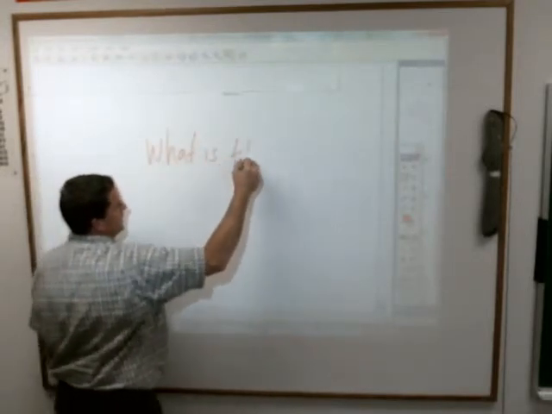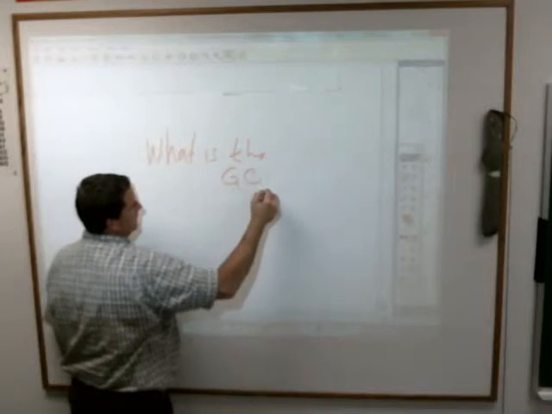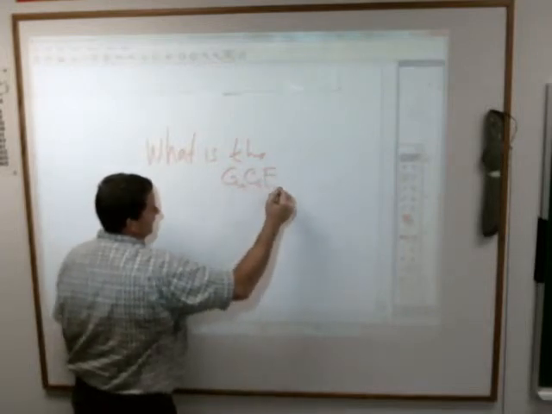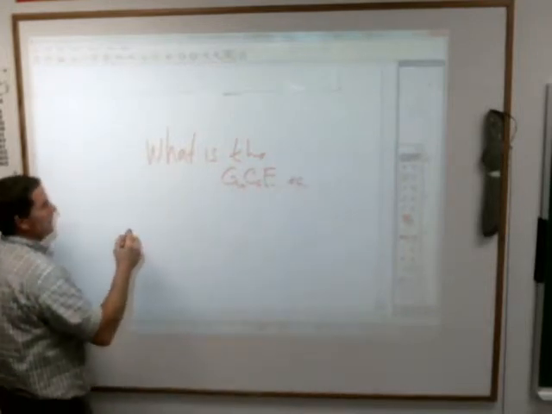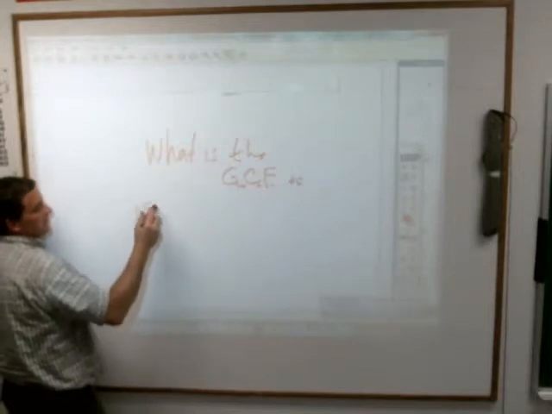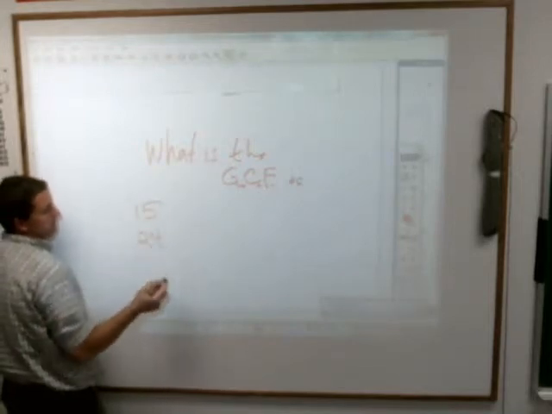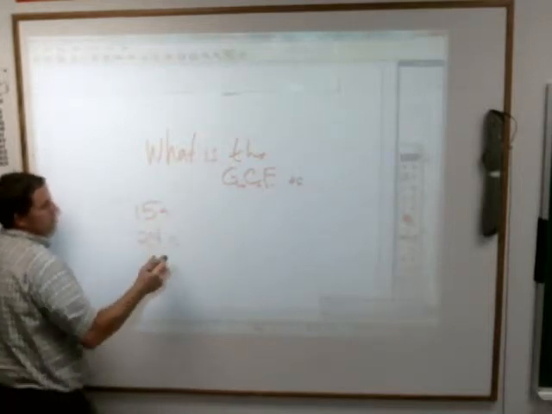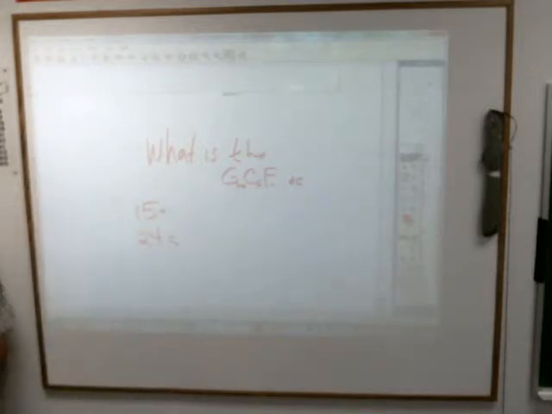So here, what is the GCF of, let's say, 15 and 24? Now, at this young stage of your academic lives, some of you now probably could tell me that answer right off the bat.